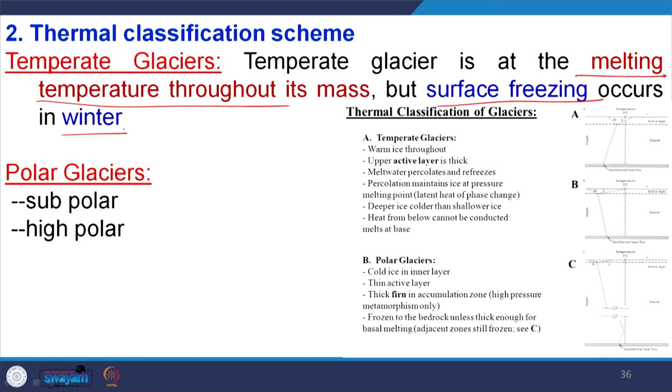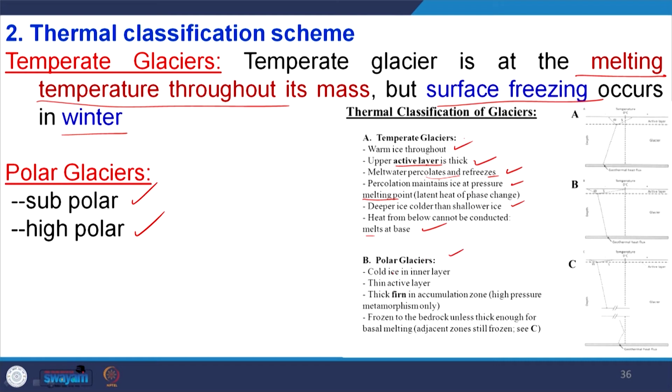Then polar glacier. Polar glacier is again divided into subpolar and high polar. High polar means exactly at the pole or near the pole, and subpolar means somewhat away from the pole. Now, in the thermal classification, a temperate glacier has warm ice throughout, the upper active layer is thick, meltwater percolates and freezes, percolation maintains ice at pressure melting point, deeper ice is colder than shallower ice, and heat from below cannot be conducted, so it melts at the base.